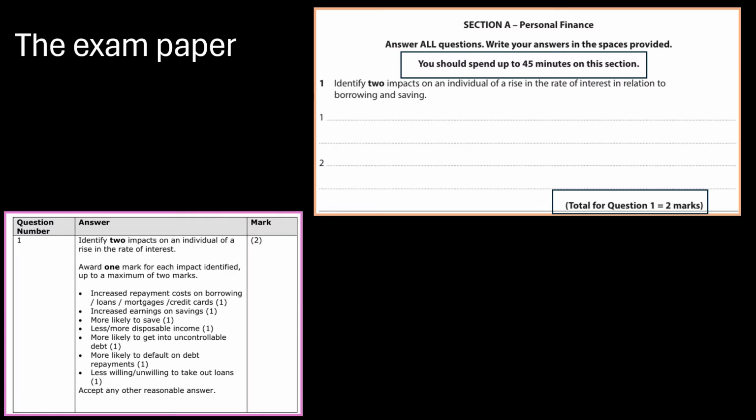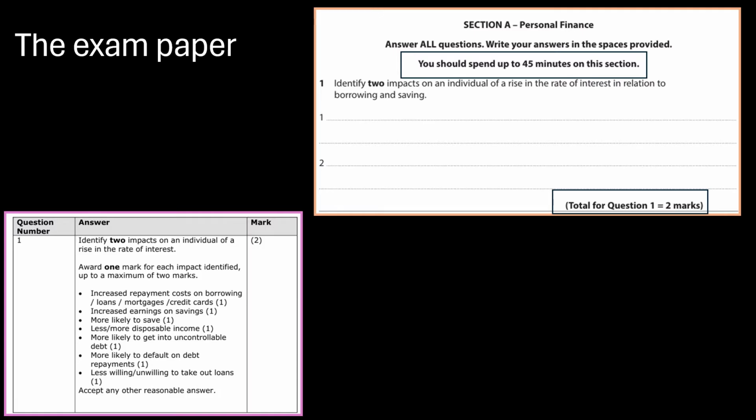You're more likely to get into uncontrollable debt as well if you're having to pay a higher rate of interest on your borrowing, and potentially you're more likely to default on your debt repayments. That means not making any payment at all because the interest rate is too high. And perhaps you're less willing or unwilling to take out loans because the interest rate is higher.